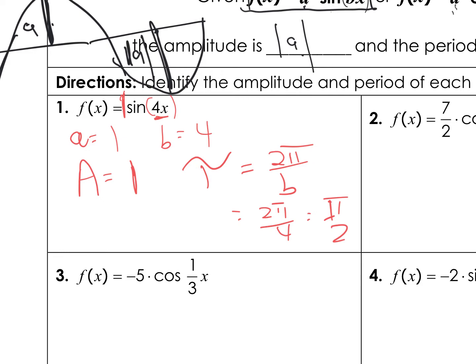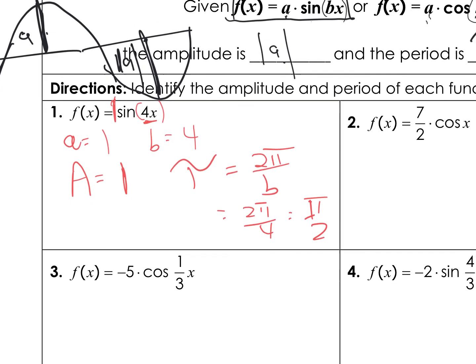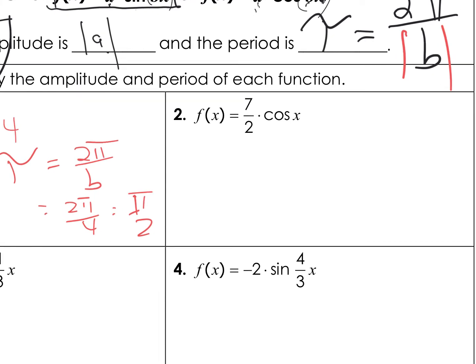I thought it was 2 pi over 4. It is. That reduces to pi over 2, which is 1.57. If you just graph it, you can go to the first period. Absolutely. Oh, nice. Natalie? Is that Natalie back there? You okay? I thought you fell asleep or passed out. All I saw was pink hair.